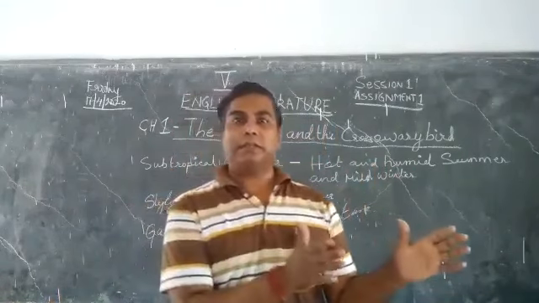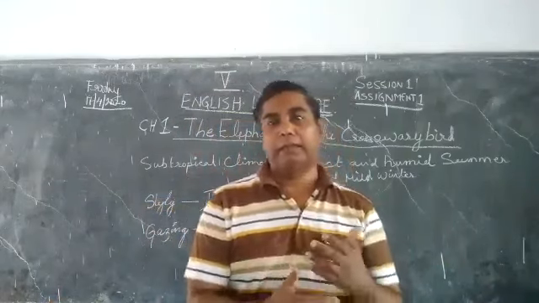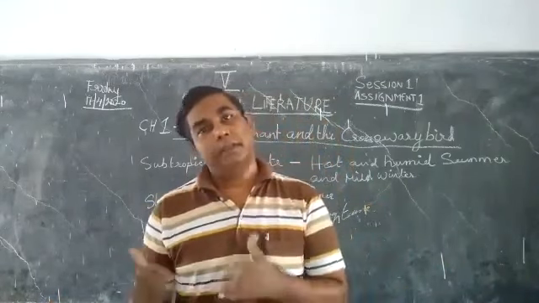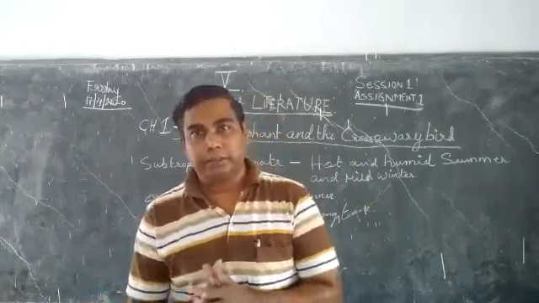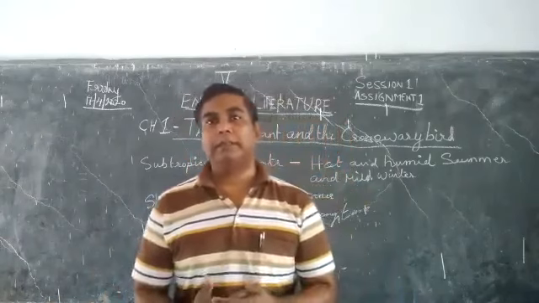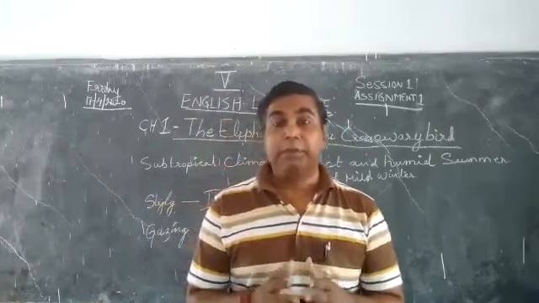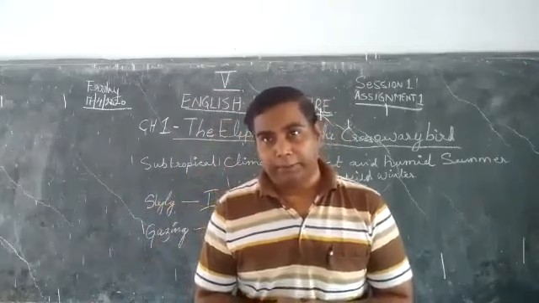It looks a bit bigger than a turkey and smaller than an ostrich, so it comes in between. I'm going to explain to you the story about this bird and the elephant. This is a beautiful story by Ruskin Bond.